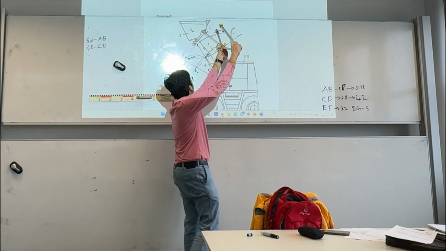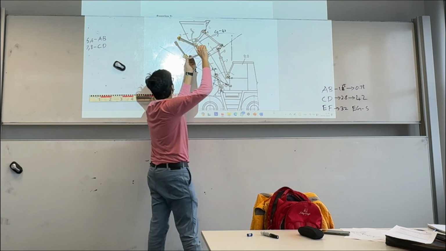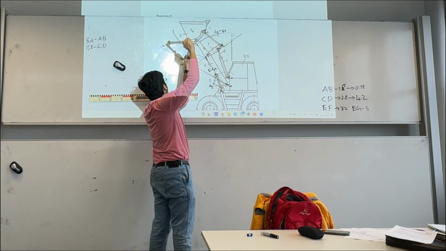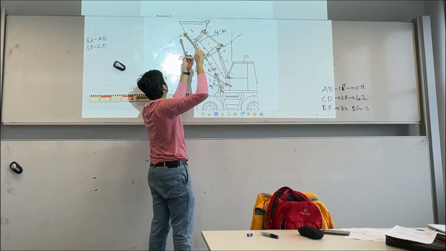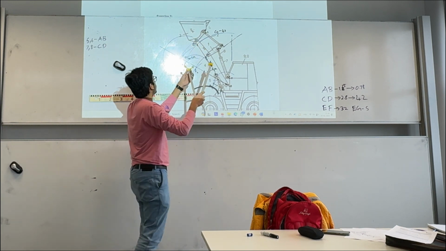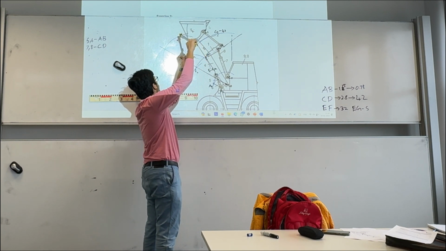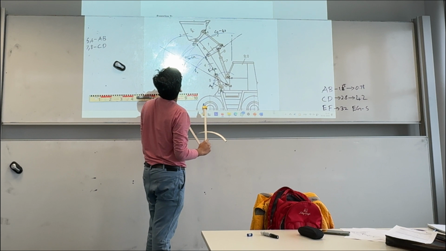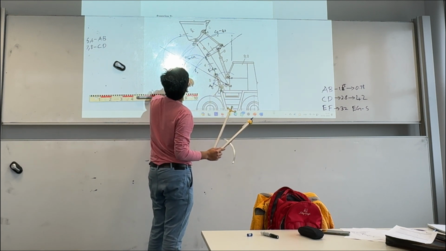H1, I1. When you make arcs, make them big unless you know exactly where it's going to end up. And since you're doing this with pencil, you can erase it later. I chose H, and then the other one, I'm going for I1 already. Why?